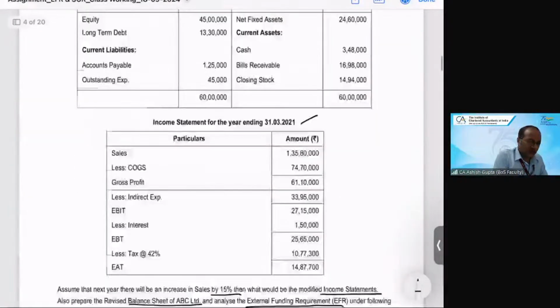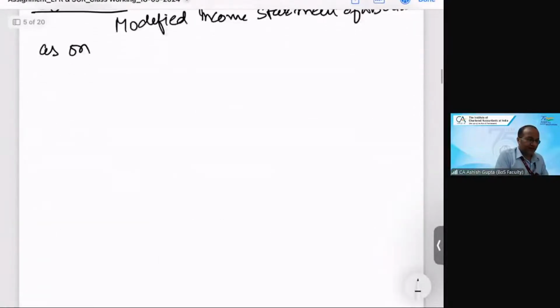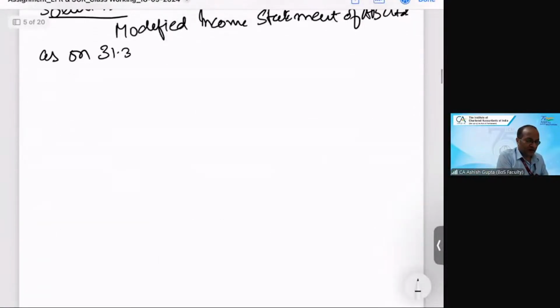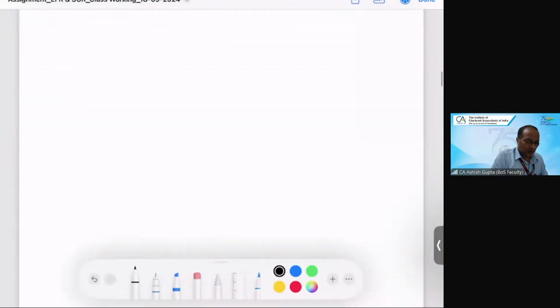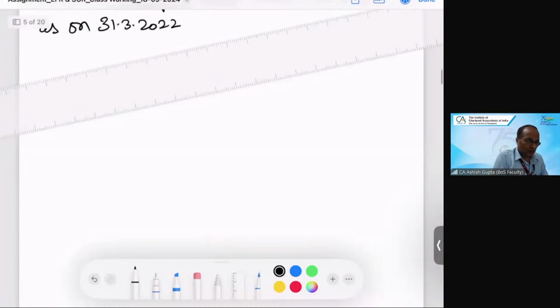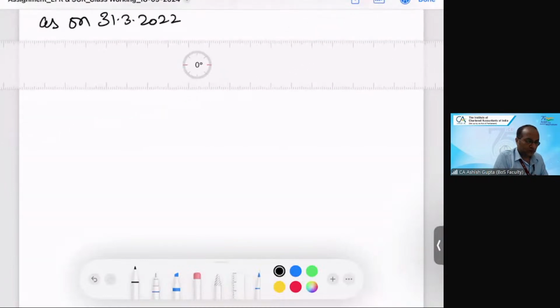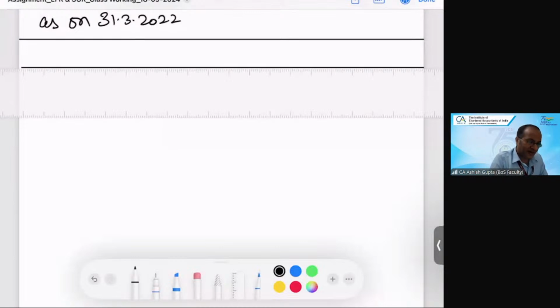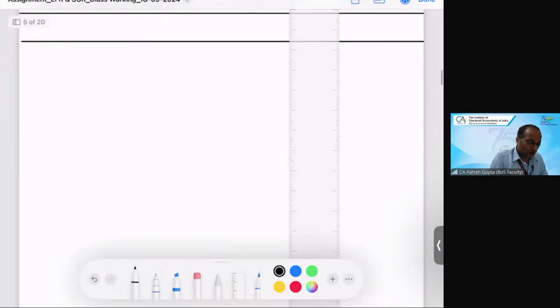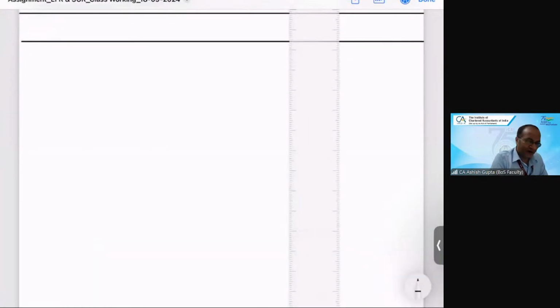Here it is 31st March 2021. So the income statement will be modified and will stand for 31st March 2022. Students, here you are seeing that I am using the scale, and my request to you is that in the examination as well, you carry a ruler with you, so that your presentation of the tables is quite neat.